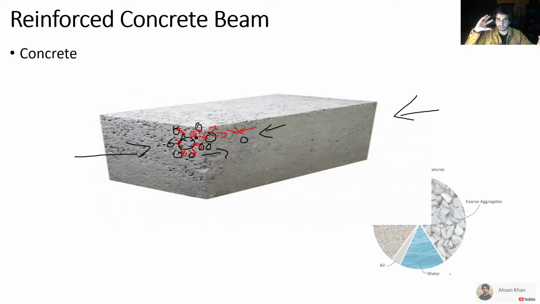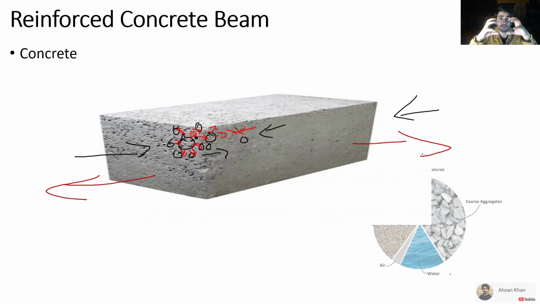But if we now imagine the other way around, in which you're applying tension, let's say you're trying to pull them apart from each other, that's where the particles can easily separate, because they're not able to handle the joint that they have made with each other through cement or something.